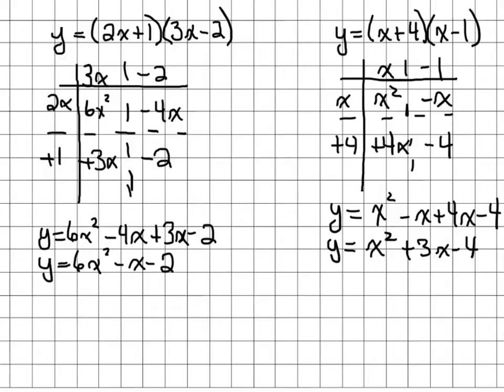When we're factoring, instead of going in this direction, we're going to go in the reverse direction. So we're going from standard form to factored form. And how we can easily do that, because in some cases it's not completely obvious, is we look for patterns within the chart.